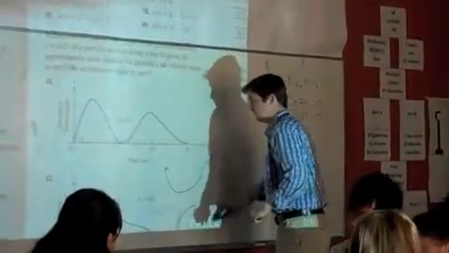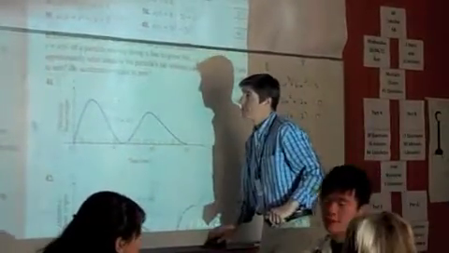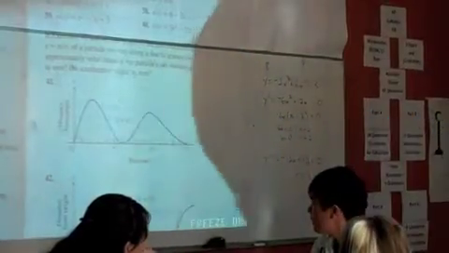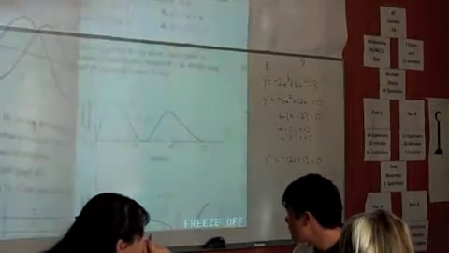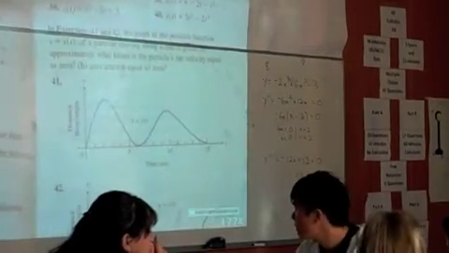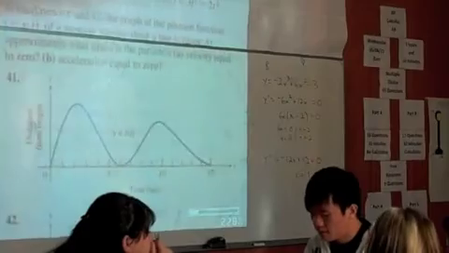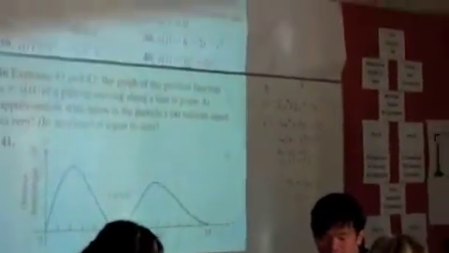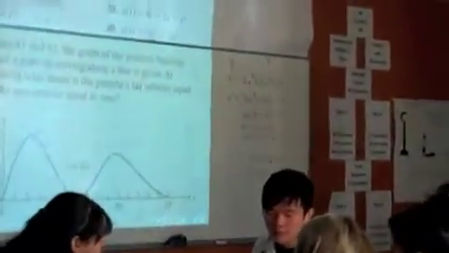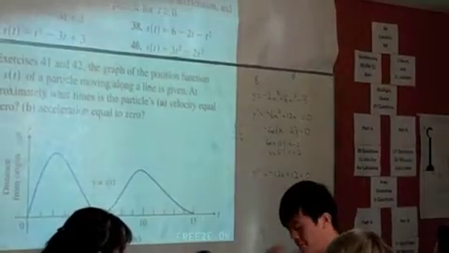How do you know? It's a little blurry. When's the velocity equal to 0? And when's the acceleration equal to 0?